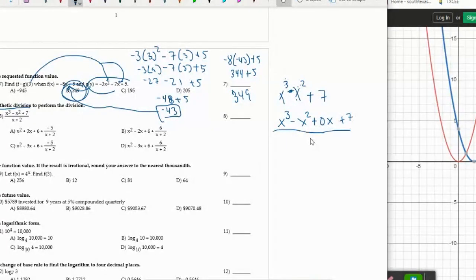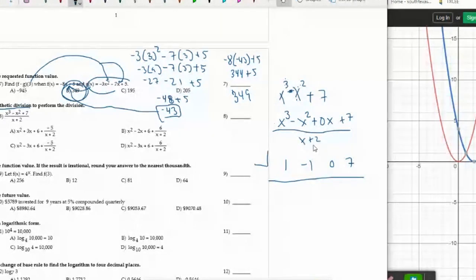Now we're dividing by x plus 2. Now we can do synthetic division, and to do synthetic division, we use our coefficients: 1, -1, 0, and 7. This is why it's very important that we include this 0, because if not, we would be missing a term.